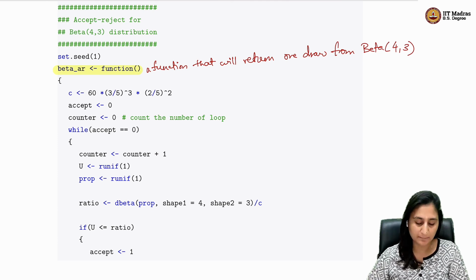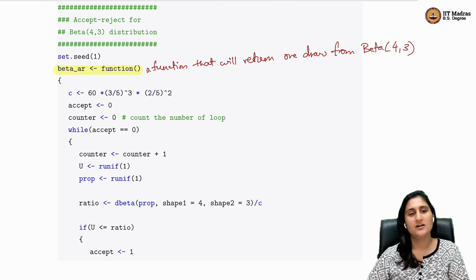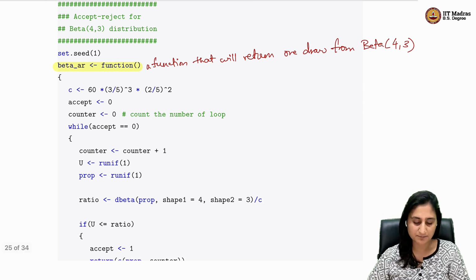So I set C in the beginning. I have an indicator accept, which tells me if it's 0 that so far I have not accepted, and when it turns to 1, it will mean that I have accepted. Then I have a counter, which currently is 0, which is going to calculate the number of loops it took to actually get an acceptance.